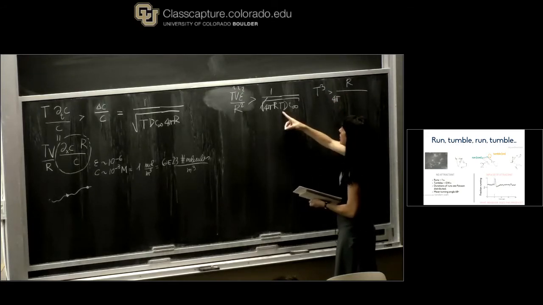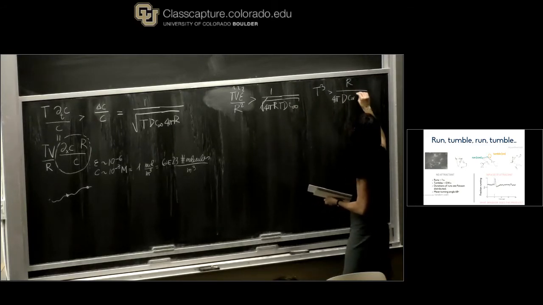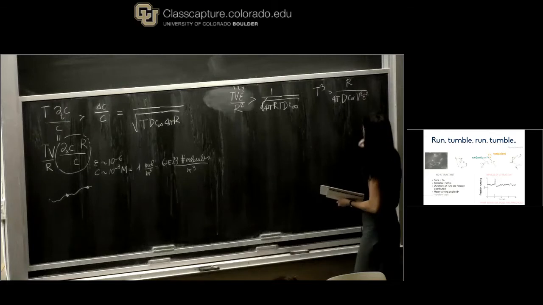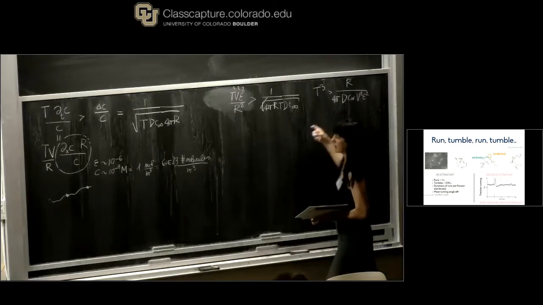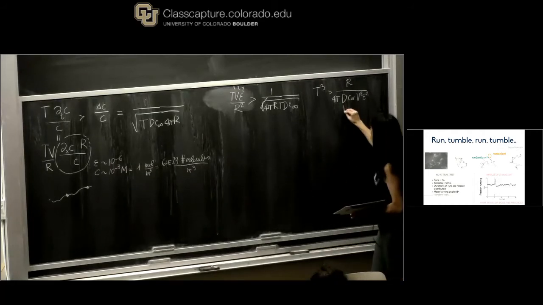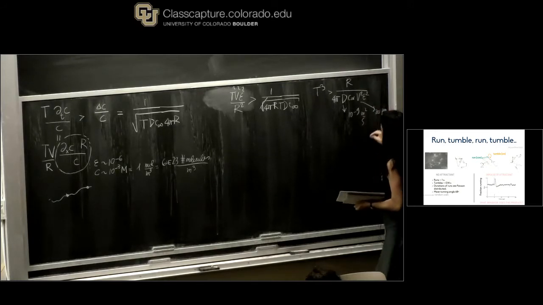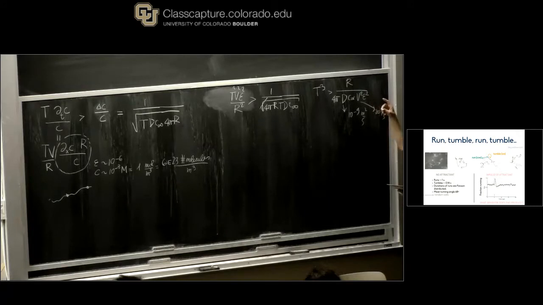R is gone, T is gone, D, C infinity, V square, epsilon square. So now you have the numbers. C and epsilon were the hard ones. D is typically 10 to the minus 9 square meters per second. V is 20 micron per second. And if you plug everything in, what you get is 0.7 seconds.